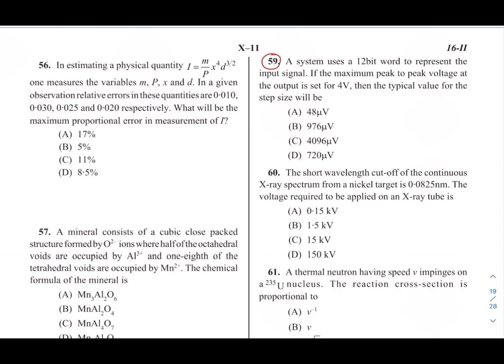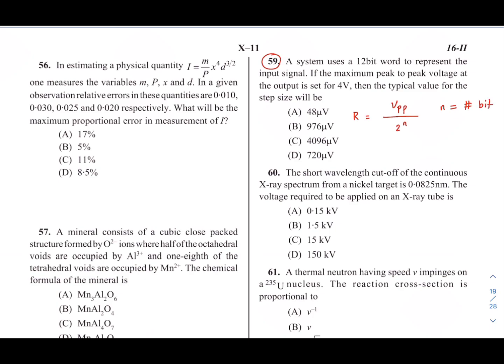Problem 59. A system uses a 12-bit word to represent the input signal. If the maximum peak-to-peak voltage at the output is set for 4 volt, then the typical value for the step size will be. So the resolution of the analog to digital converter is defined as R is equal to V peak to peak divided by 2 to the power n, where n is the number of bits.